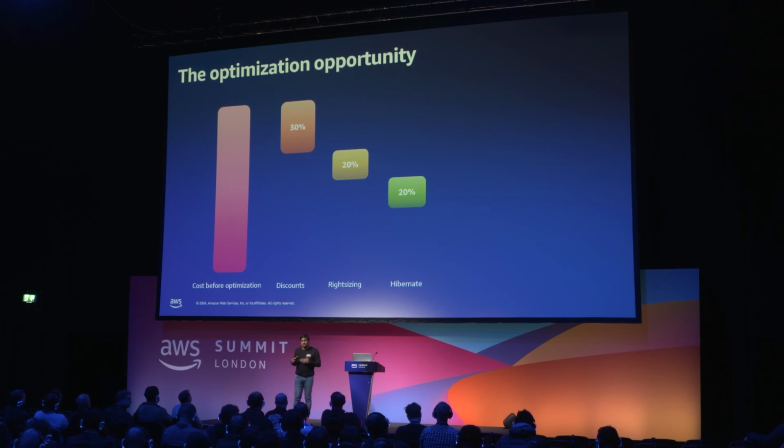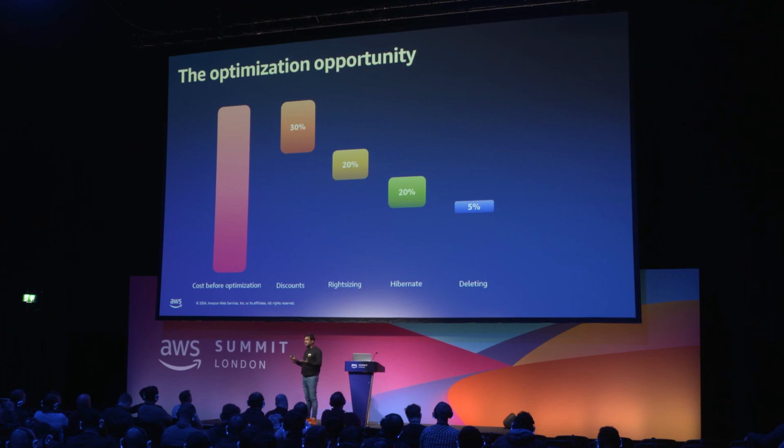Third one is hibernating. I mentioned earlier that those resources which are not being used in a non-production environment, or even in a production environment when the business is not using it, then you would leverage AWS Instance Scheduler to shut down those instances. That could provide you 20% of discount.